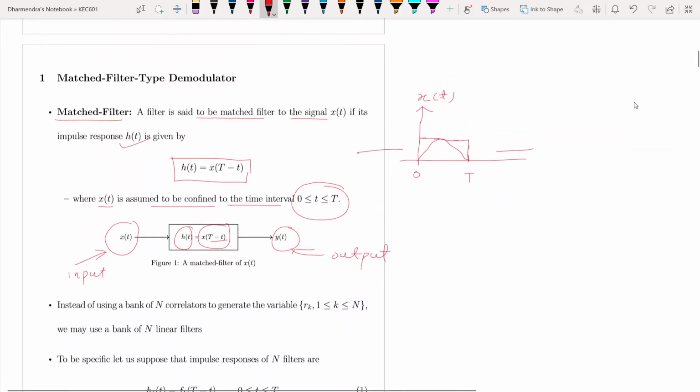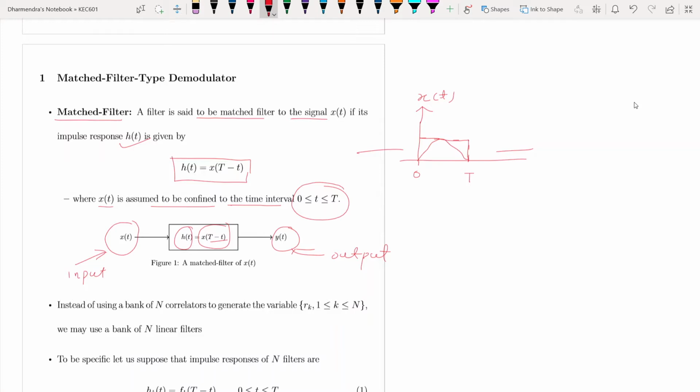So in the correlator type signal demodulator, we are using a multiplier and one integrator, and then we sample. In place of this multiplier and this integrator, I want to use a filter.